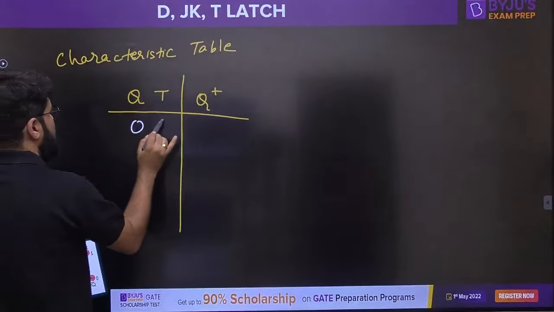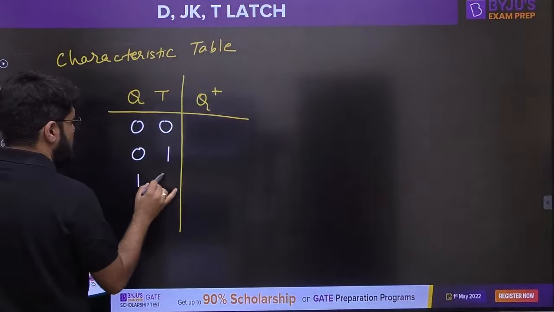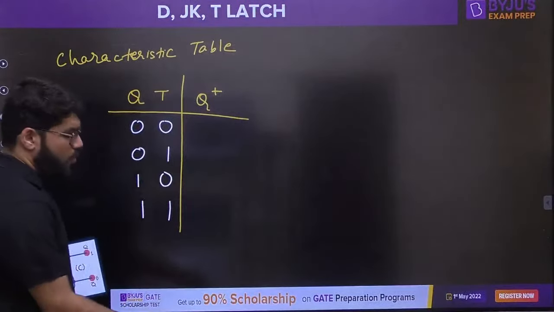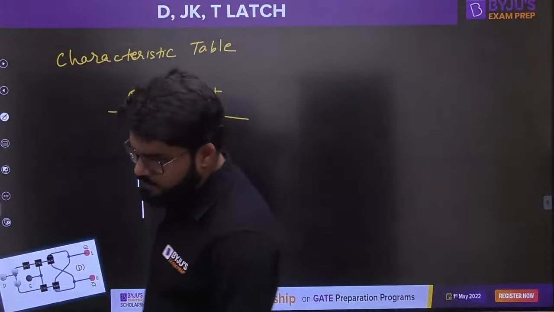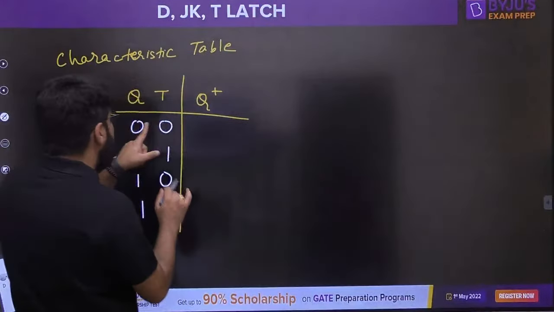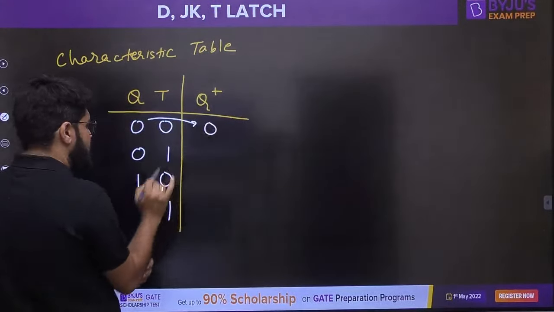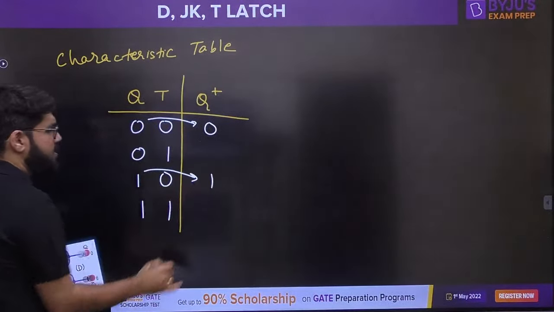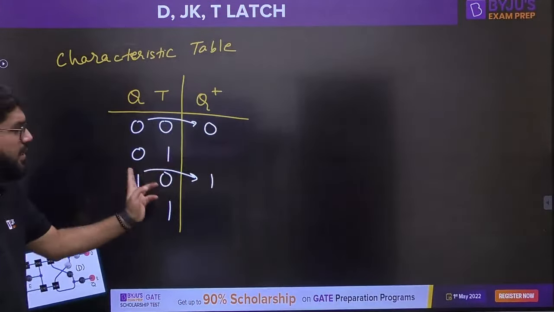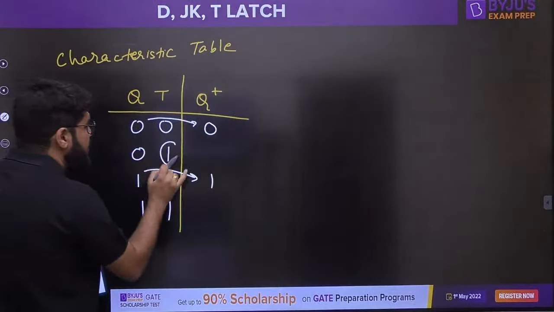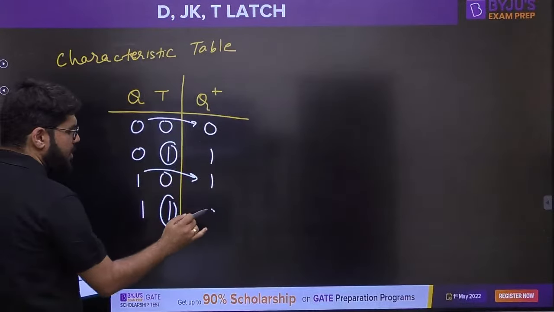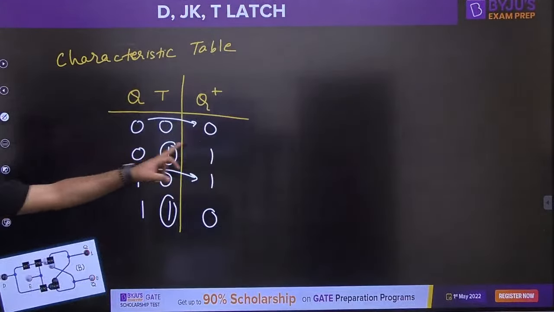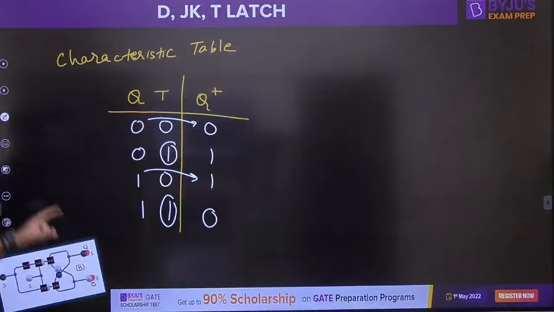The two inputs will have 4 combinations: 0 0, 0 1, 1 0 and 1 1. Now see the value of T. Whenever T is 0, the device remains in the same state, so whatever is the current state, I just copy it. Whenever T is equal to 1, the device will toggle. So 0 becomes 1, 1 becomes 0.